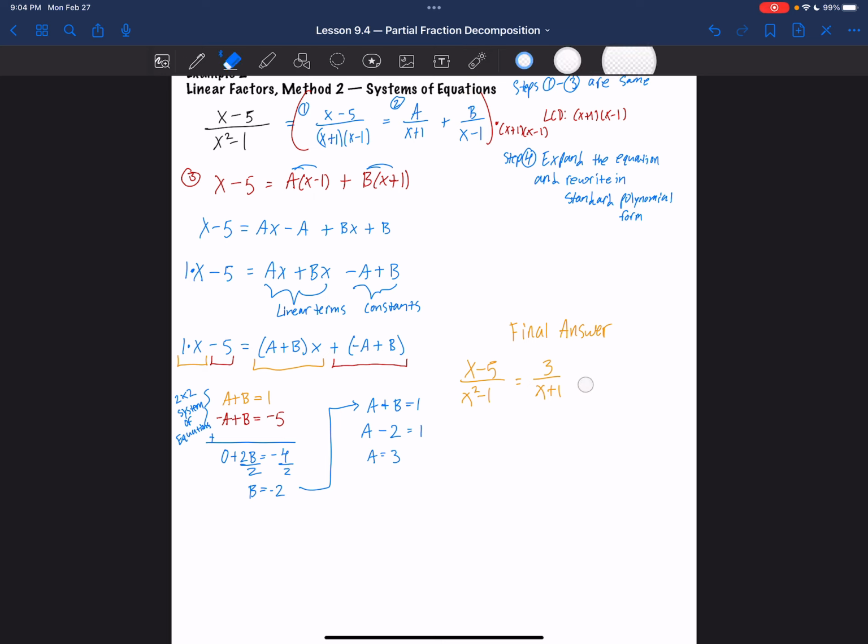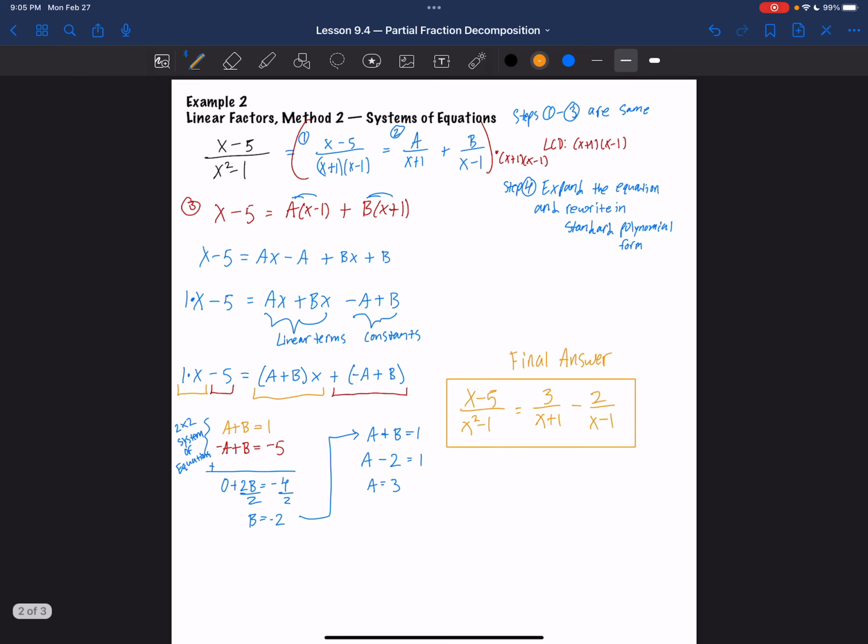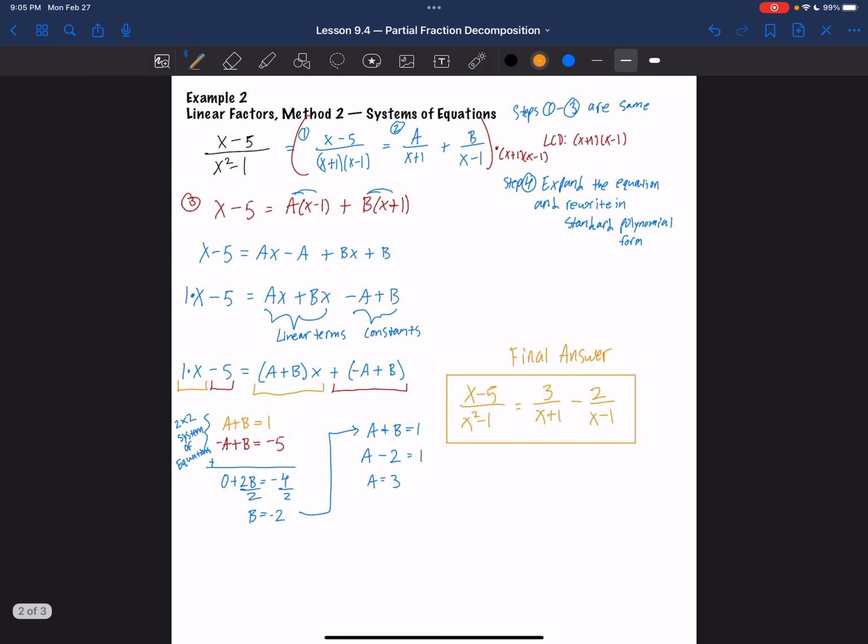So maybe I'll actually write that as minus rather than plus. So minus 2 over x minus 1. Boom. And that's method 2 using a system of equations.